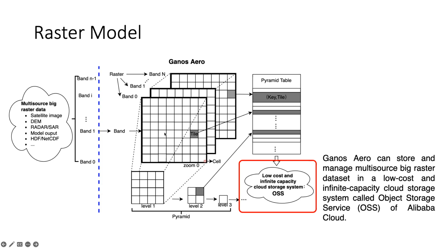The band can be further divided into tiles, and the pyramid model can be built from these tiles. All of the tiles can be stored in a low-cost and infinite-capacity cloud storage system called Object Storage Service, or OSS for short, of Alibaba Cloud, which is another important feature of GANOS Aero.